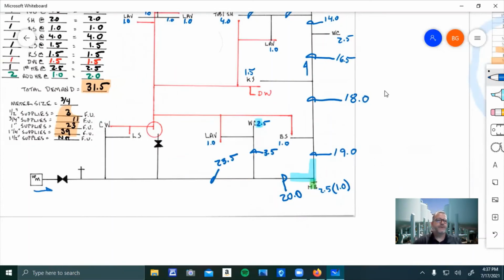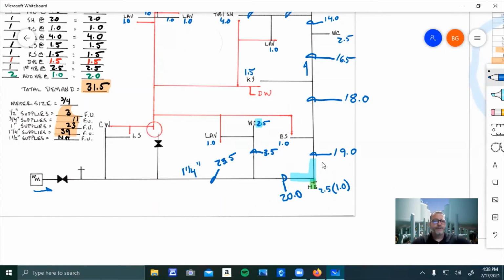Because you see the 1-inch supply right here is 23, and I'm 0.5 above that. So there's no fudge factor or anything else. 23.5 is over 23, therefore this is 1.25 inches of pipe. There you go.